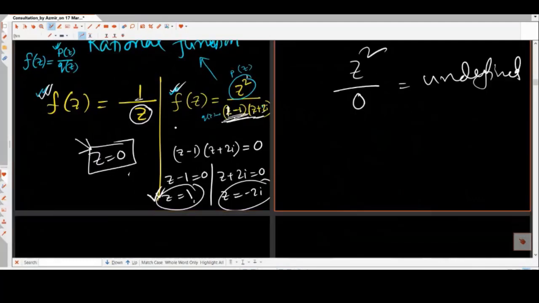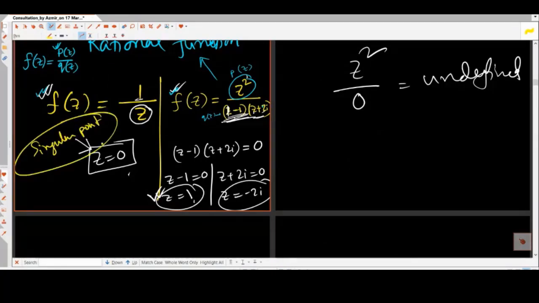Those specific points are called singular points. That means z = 0 is the singular point for the first function. z = 1 and z = −2i are singular points for the second function.